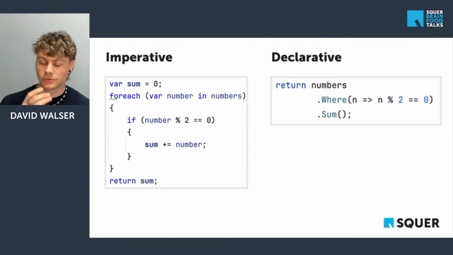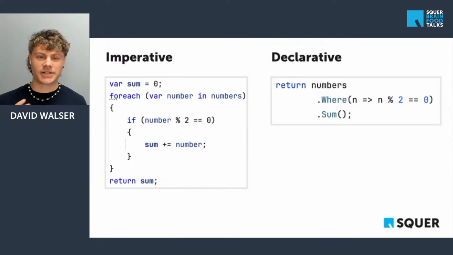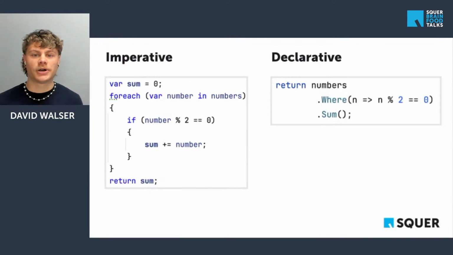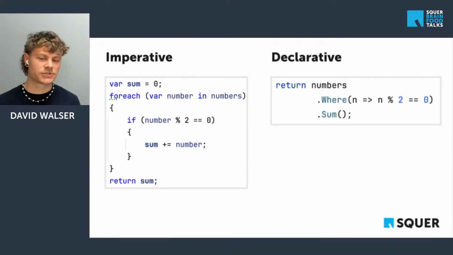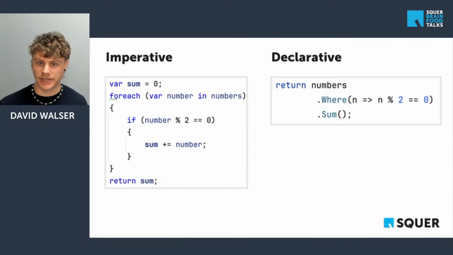If the number modulo 2 equals 0, then add this number to our sum. While on the declarative side, it's more about the what. So numbers dot where n modulo 2 equals 0 and sum that up. And this is also a little bit more similar to our human natural language.